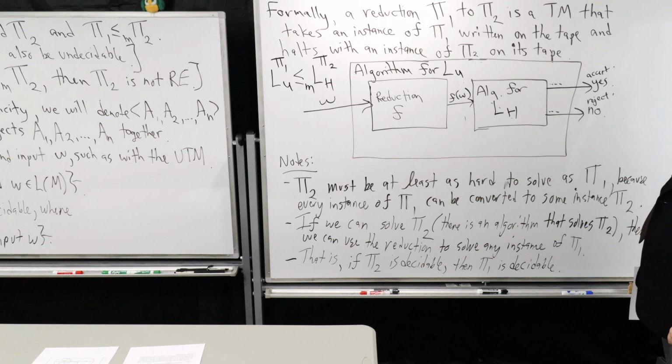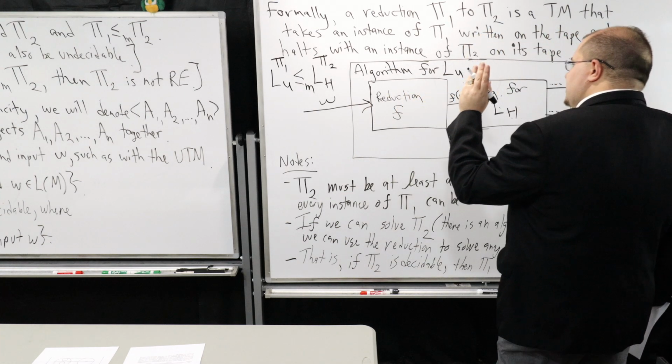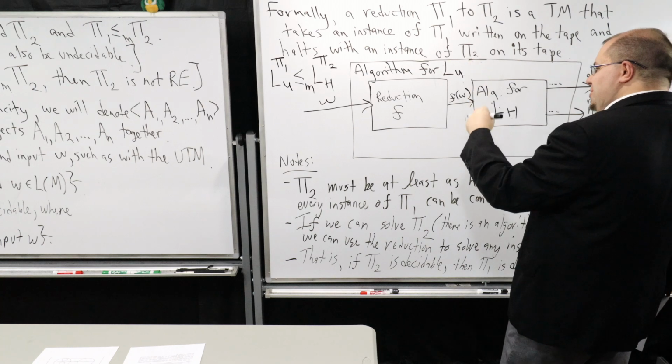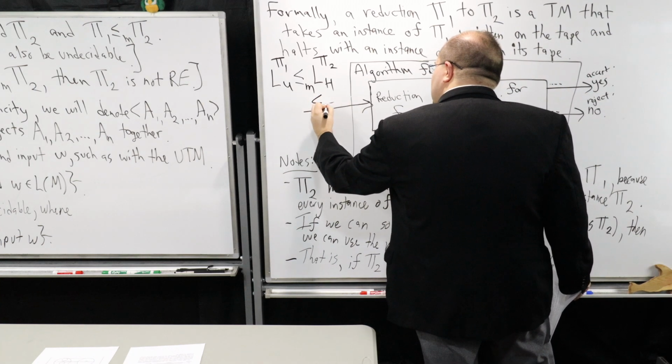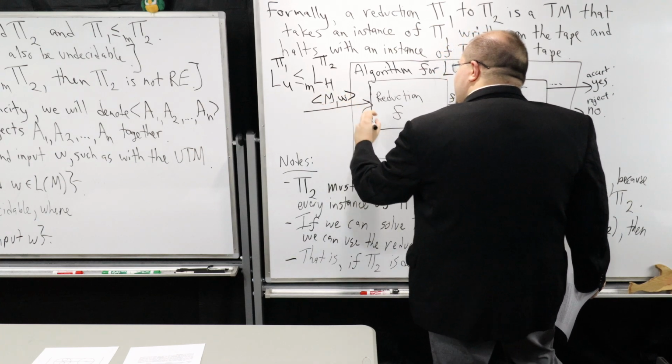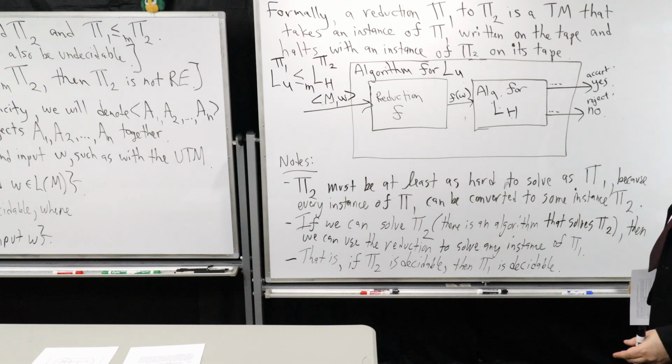So based on this picture, let's think about it. LU, remember the universal language, takes as input an encoding, which is a machine and some input, as encoded as we've seen before.